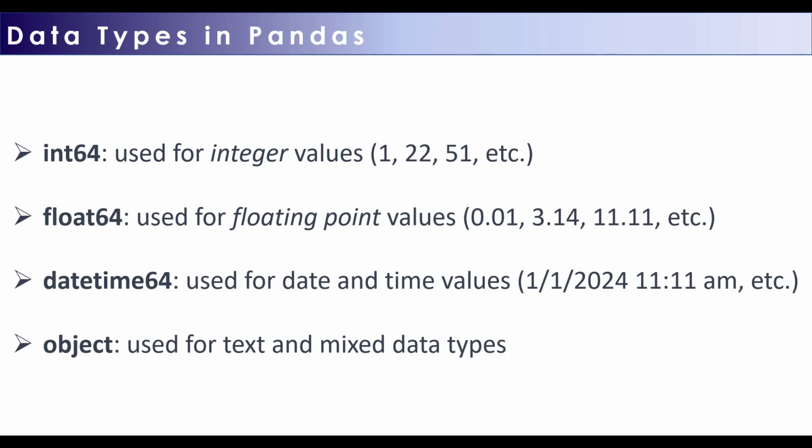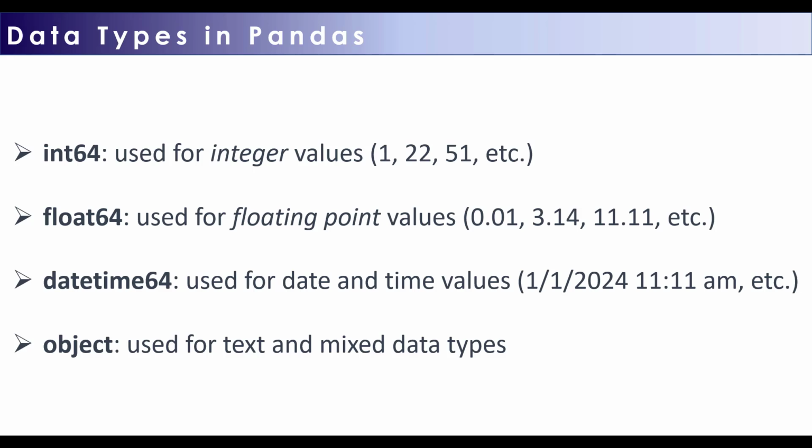So say, for example, you imported one of those Excel spreadsheets where somebody had put all different types of data in a particular column. Well, Pandas would assign that column an object data type, because not all the values are integers, not all the values are floating point numbers, and not all the values are dates or times.